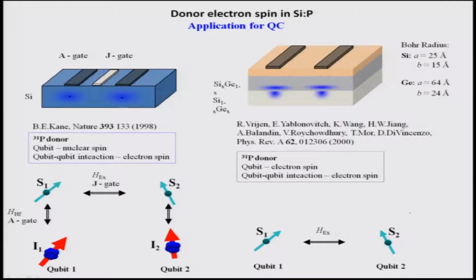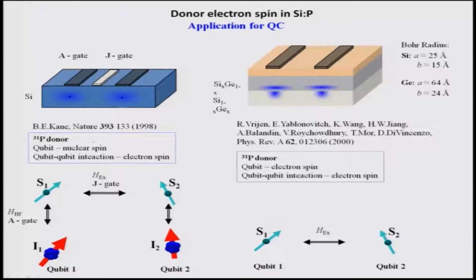In terms of application for quantum computing, this would be almost like a solid state atom in some sense, where a single electron is being looked at, and that was the part of the work which was shown, where there were two different works which focused on this particular area.